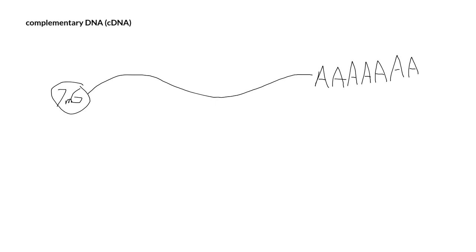This is a really convenient feature when trying to make cDNA, because we always need a primer to create new nucleotide sequences. In this case, we're not going to use DNA polymerase. We're actually going to use something called a reverse transcriptase enzyme. That reverse transcriptase does need a 3' hydroxyl group to build new nucleotides, just like the other enzymes we've looked at this semester.